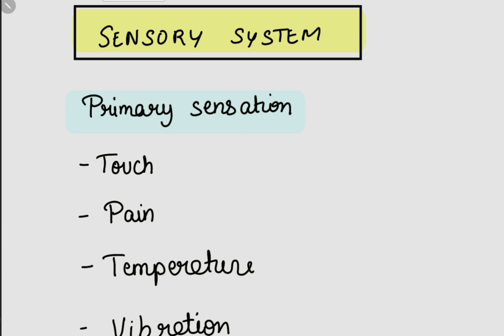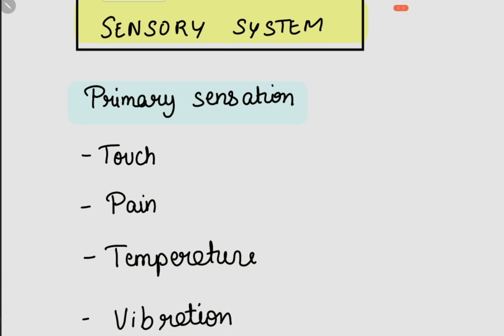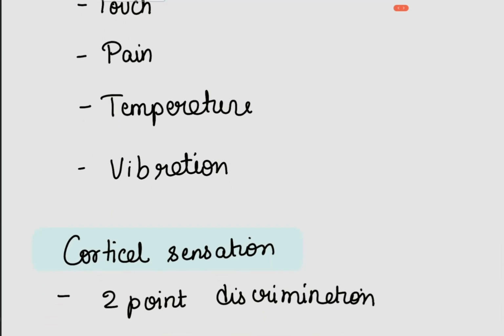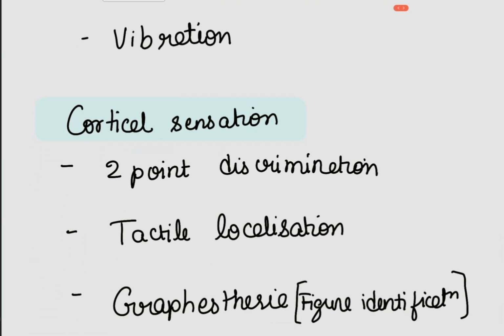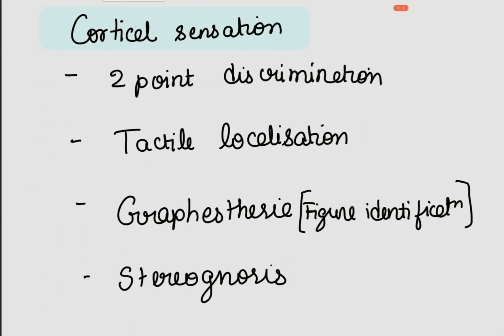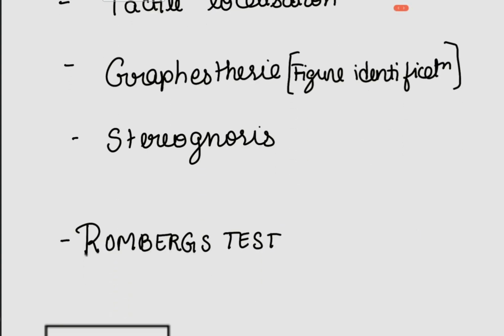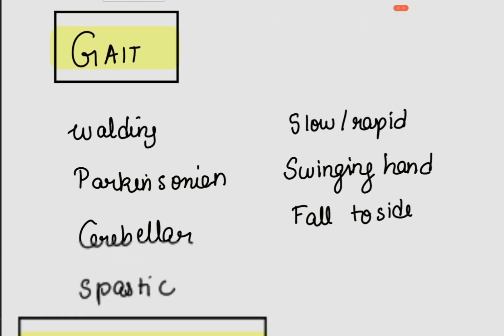Sensory system examination. We have primary sensations such as touch, pain, temperature, vibration, and if the primary sensation is intact, we do cortical sensation. This is 2-point discrimination, tactile localization, figure identification. Then we have Romberg's test.